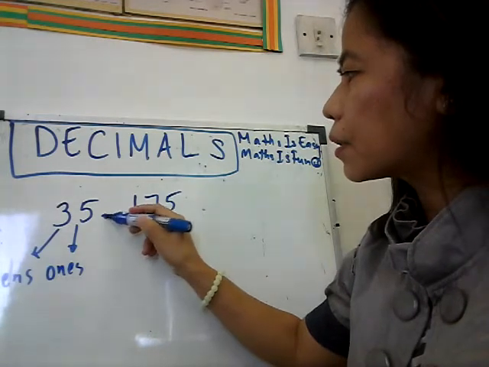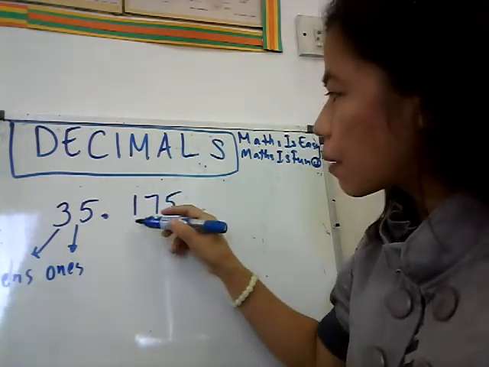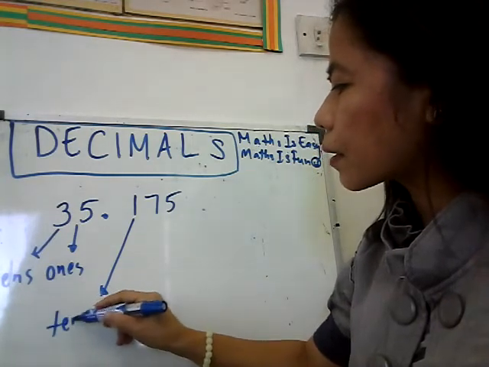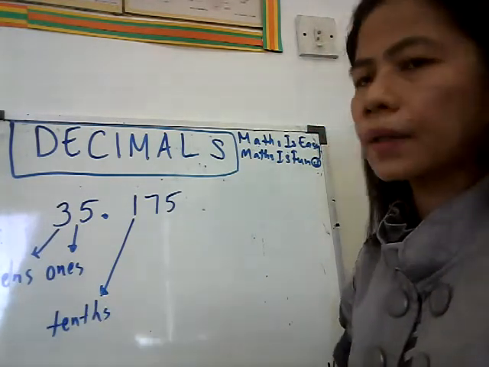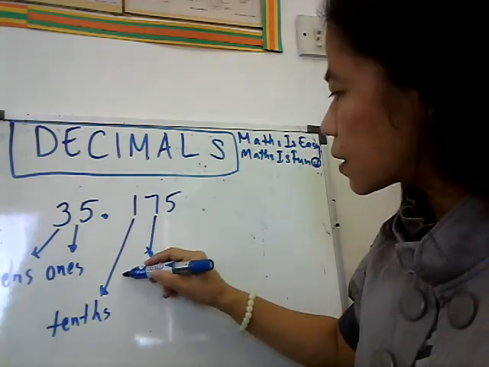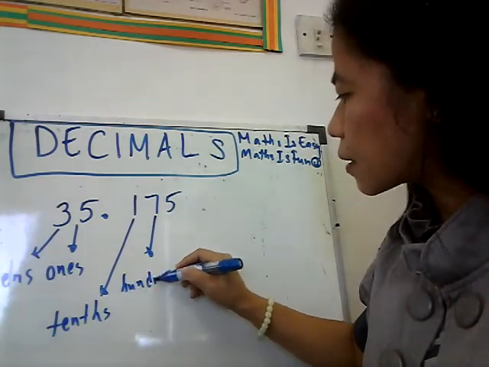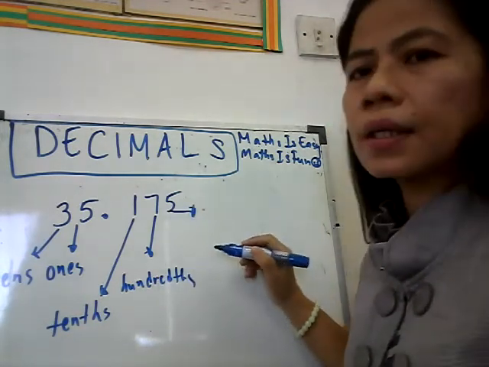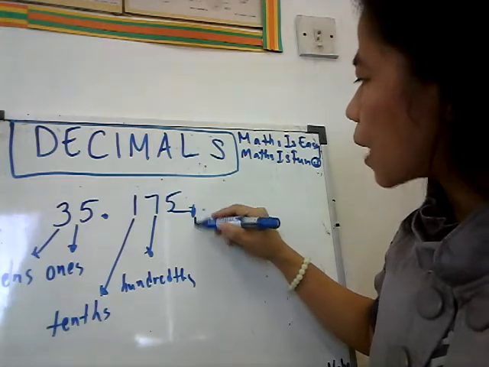After the decimal, the first number will have a place value of tenths, then the next one is hundredths. For the third decimal, it will be thousandths.